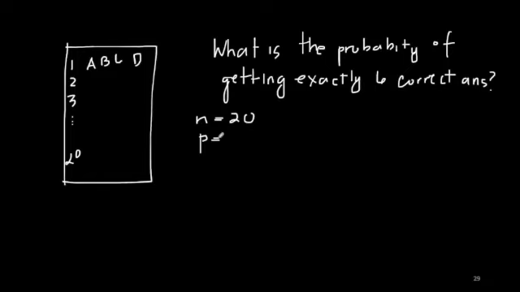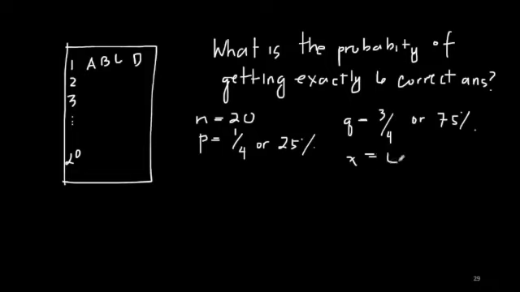And out of 4 items for each question, isa lang ang tamang sagot. So that means the probability is 1/4 or 0.25. The probability of getting incorrect answer is 3/4 or 75%. And lastly, ang value ng isang variable natin na si x ay equal sa 6.